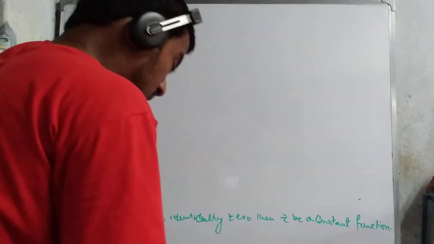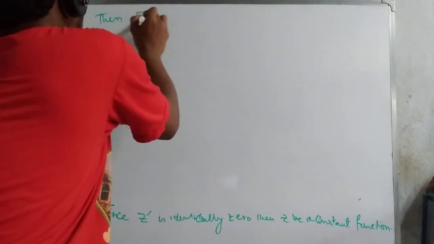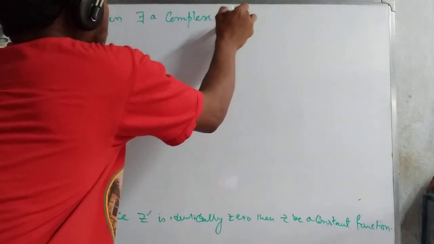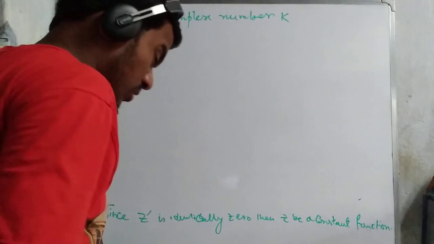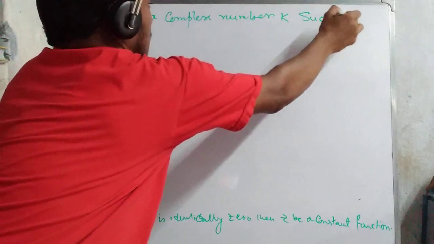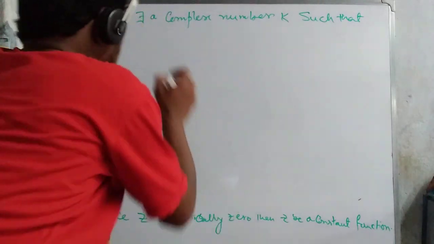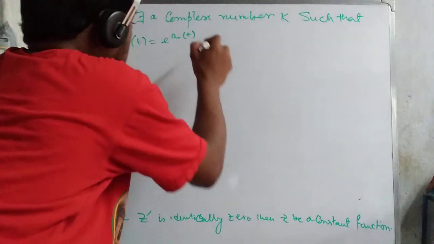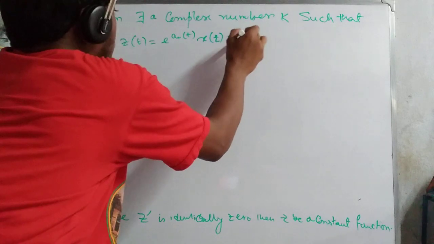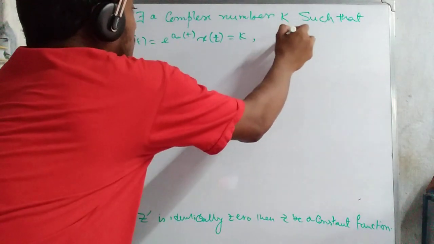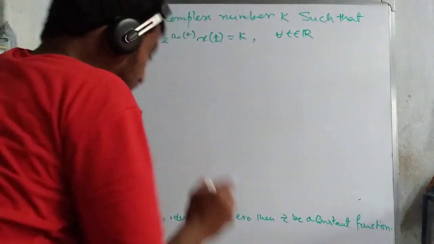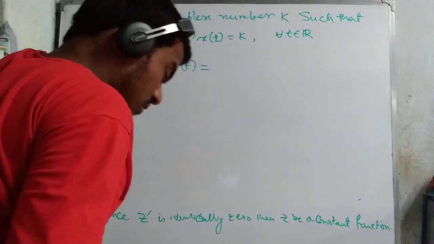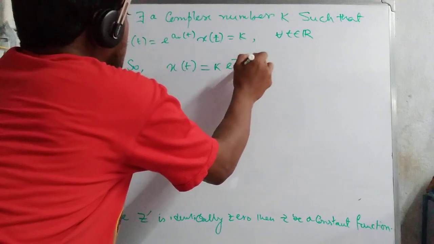Then there exists a complex number k such that z(t) equals e to the power a0 t x(t) equals k for all t belonging to R. And so x(t) equals k e to the power minus a0 t.